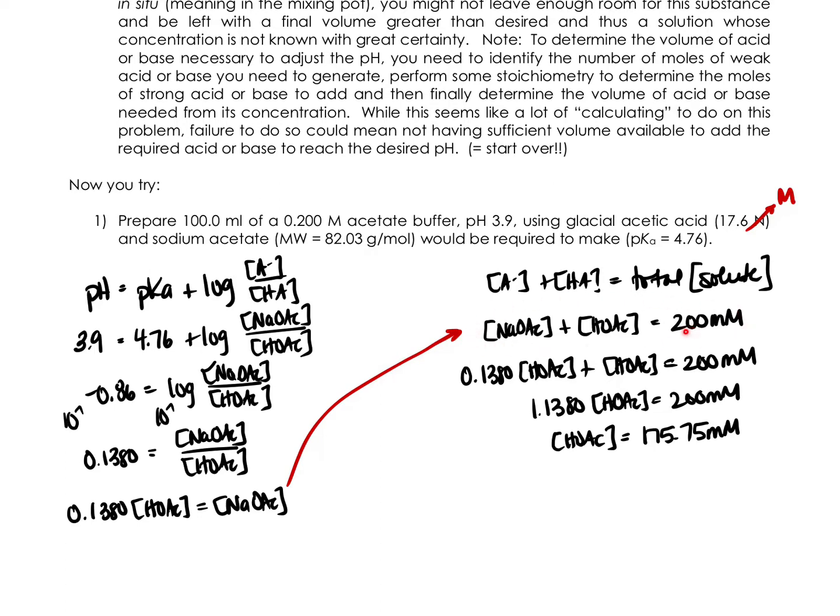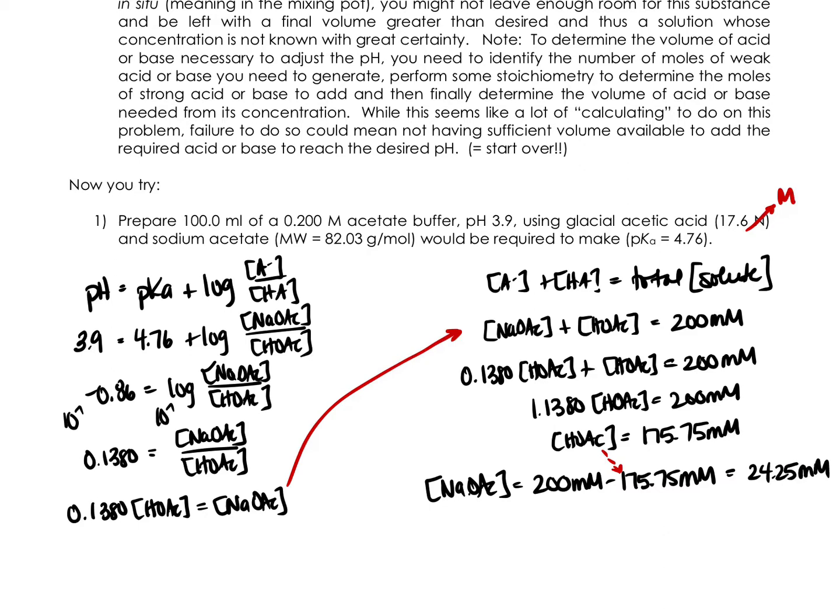So again, 200 minus 175.75 is going to give me my sodium acetate concentration. So that's pretty straightforward. My sodium acetate concentration is going to be equal to 200 millimolar minus my 175.75 millimolar, which is again that guy. And that equals 24.25 millimolar.